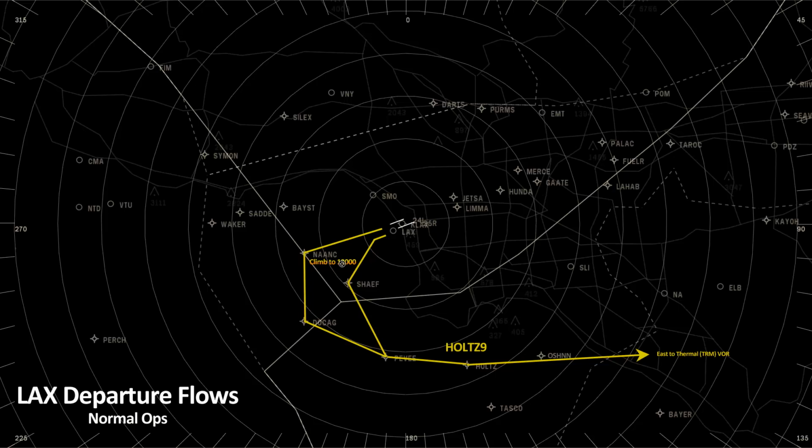And as long as we are departing the airplanes a reasonable distance apart, we generally will have vertical separation without a problem, because the plane that departs first is going to be higher than the plane that departs second.